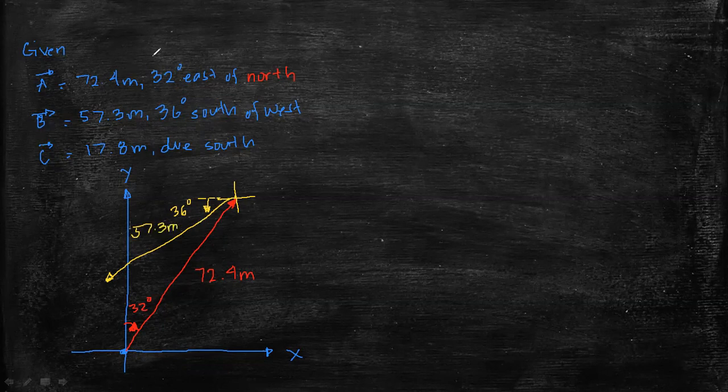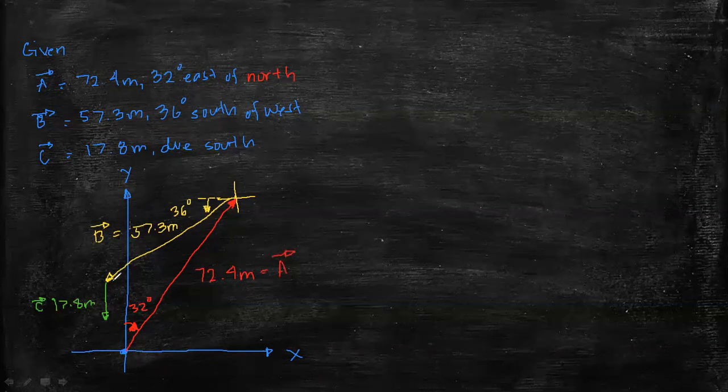And for our third vector, we have 17.8 meters due south. So going down, we have 17.8 meters. So this is our vector C. This is our vector A. And this is our vector B. So the first two players follow this direction, and our winner calculates first.